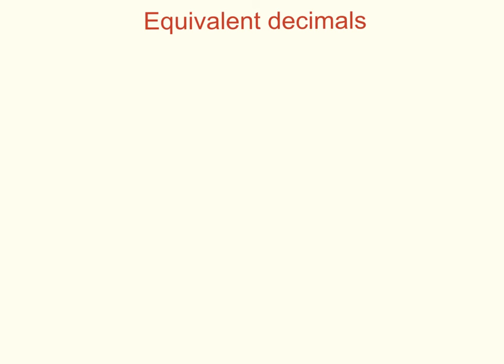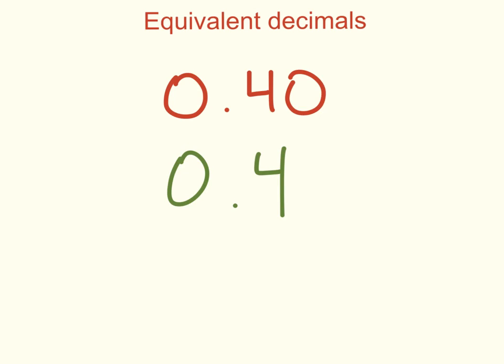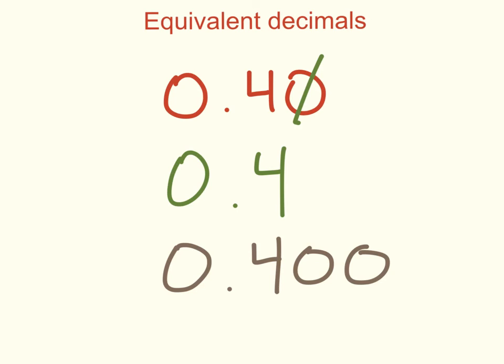The same way you tack on a 0 at the end of a decimal, you could get rid of it. 0.40 is equivalent to 0.4. You can get rid of a 0 at the end, or you could tack one on. So another equivalent decimal would be 0.400, because now I've tacked on an extra 0, and that would be okay for equivalent decimals.